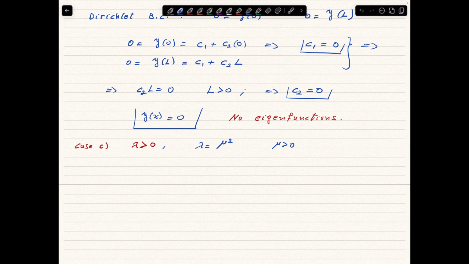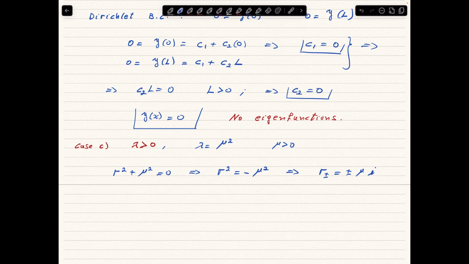So when we go to the characteristic equation, r squared plus mu squared equals 0, that means that r squared is actually negative mu squared, and from here we get that the roots are plus minus mu i. They are going to be complex.